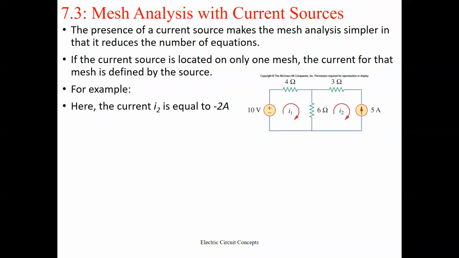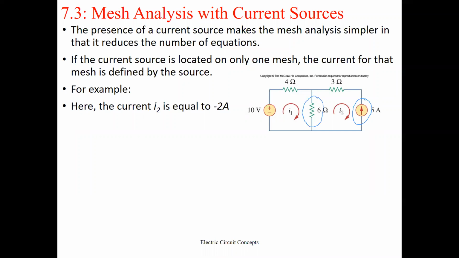Okay, what happens if we have a current source in one of the meshes? Is it going to be helpful? Is it going to be simpler when we analyze the circuit? The answer is yes. If we have a current source in one of the circuits, as far as the current source is on the side, not in the middle here, okay?